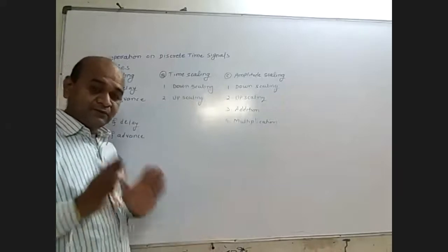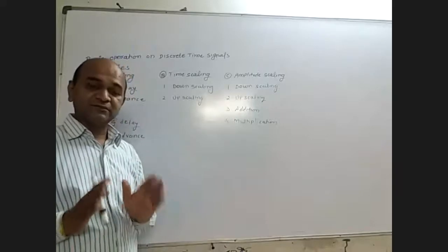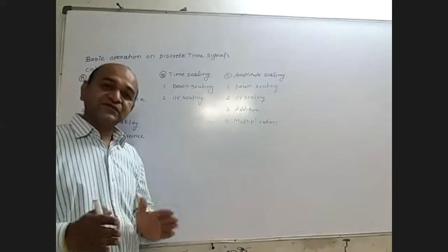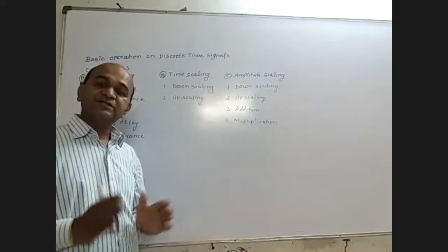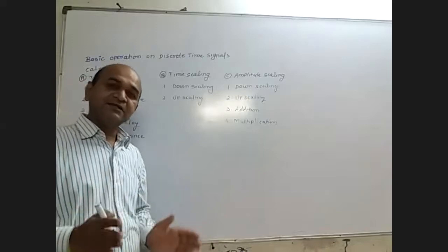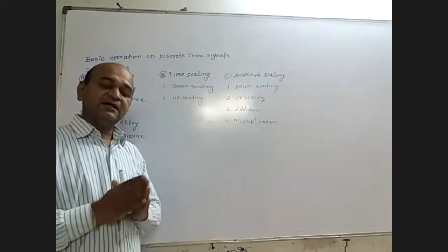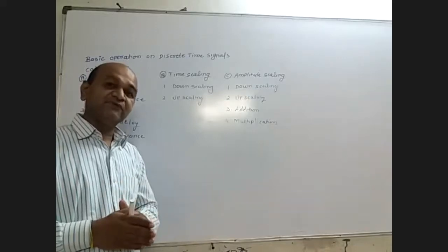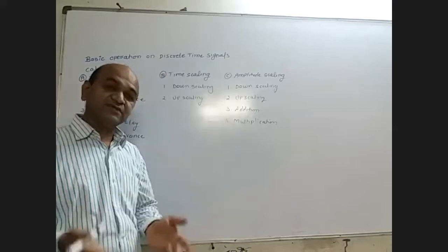Now the question arises: why do we need to study the basic operations? Whenever we receive a signal from our environment, our surroundings, it is continuous in nature. This continuous signal we convert into a discrete time signal, and this discrete time signal we pass to discrete time systems.